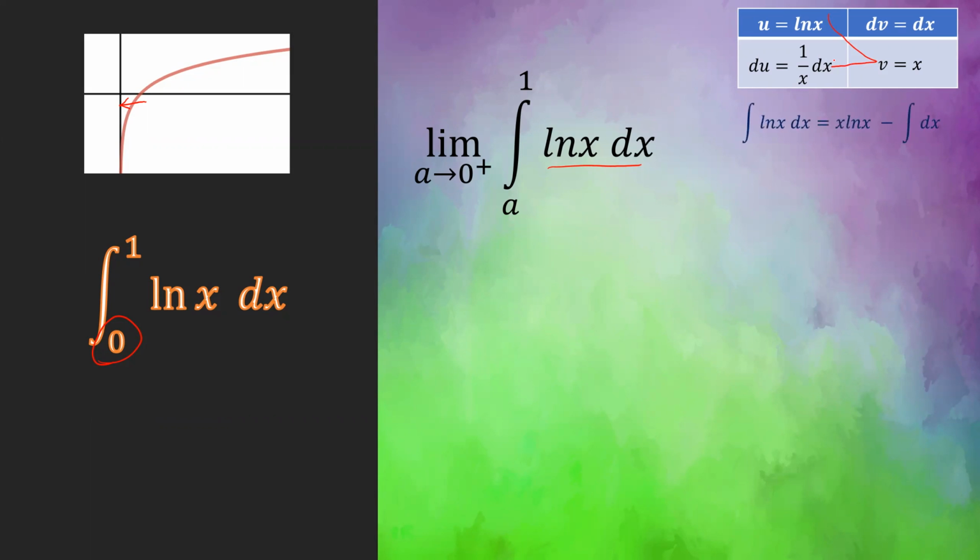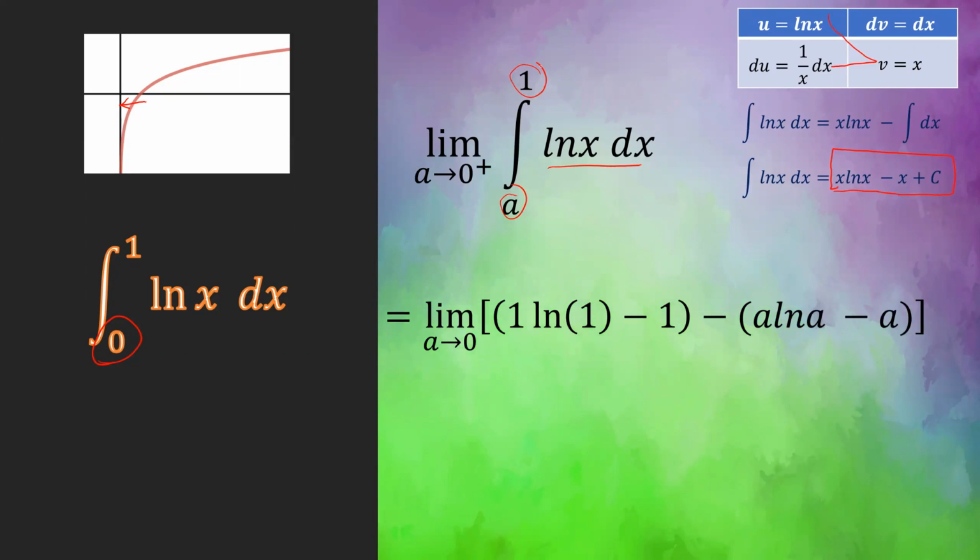That's how it works. So the integral of ln x is x ln x minus x plus c. Now we are going to evaluate that from a to 1, and then take the limit as a goes to 0 from the right.